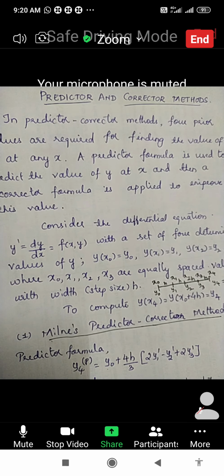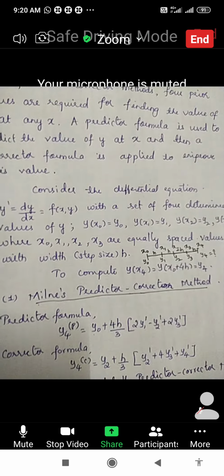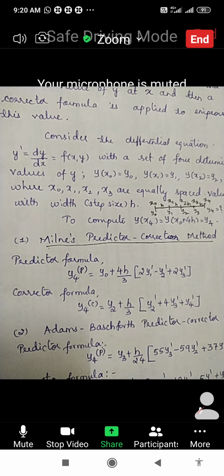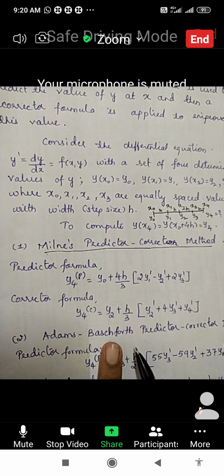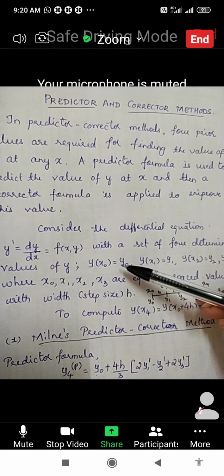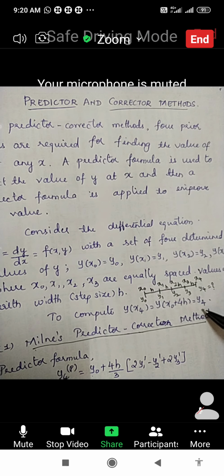About Adams-Bashforth, again we have a predictor formula as well as a corrector formula. For this, they should give a differential equation and the four sets of values, and then what we have to calculate is y4.